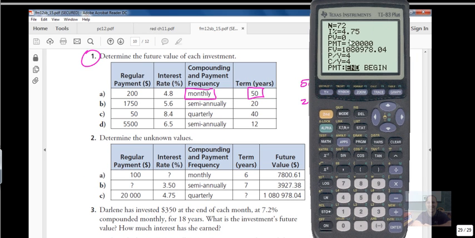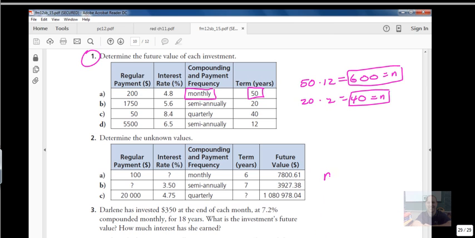Okay, so for 2C here, I've got everything plugged in, and we're going to solve for N, but N is not going to give us the number of years, it's going to give us the number of compounding periods. And so when we do that, we get 41.999999. So 42, you round that to 42, so N equals 42. So that's the number of compounding periods. If we did quarterly, that's 4 times a year.